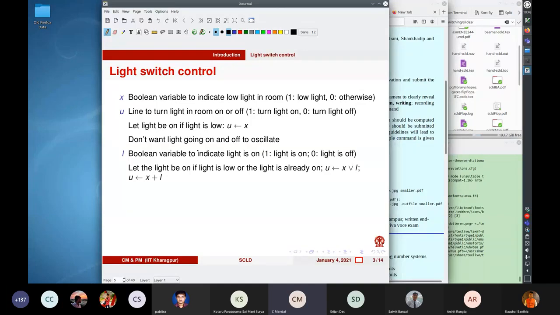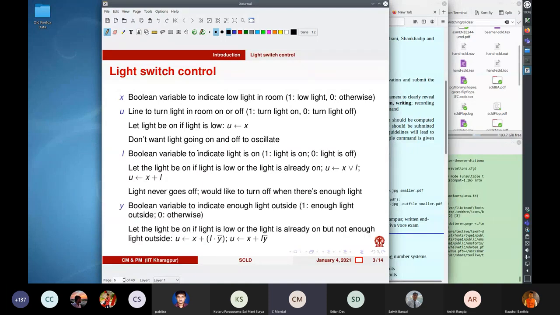So now does it solve the problem of oscillation? It won't be off. Yeah, okay, that is true, but it does solve the problem of oscillation, right? I mean, as it stands now. But yeah, the next problem is that it never goes off.